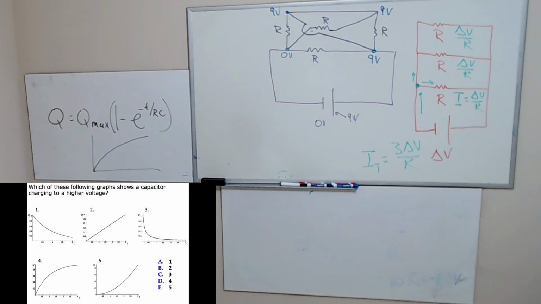And number 2 has nothing to do with RC circuits unless you plot the natural log on the vertical axis, which you had something similar to in one of the discussion problems. Any questions on this?